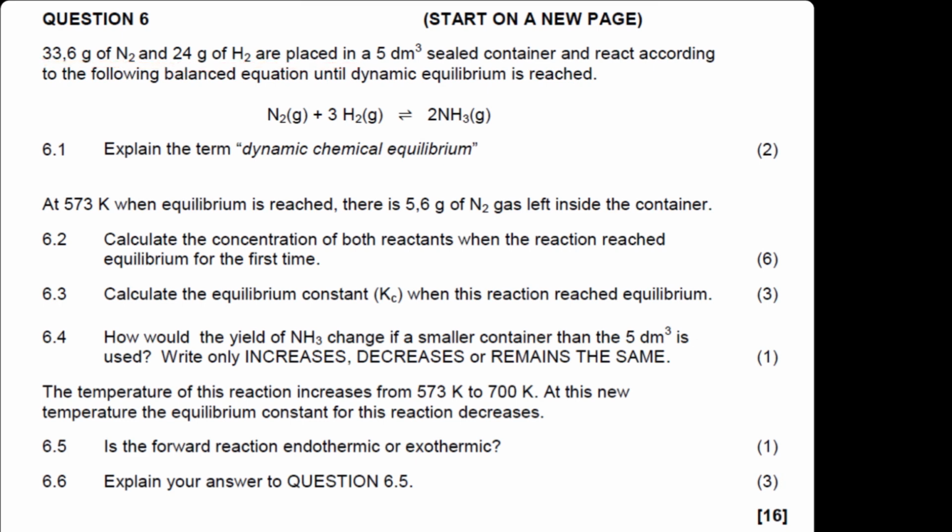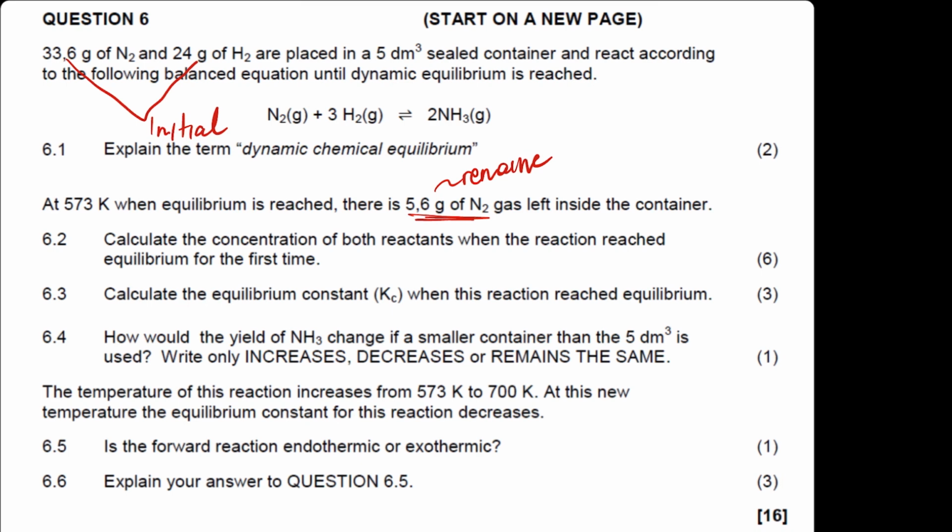Very important to take note of that. These are the amounts available in the reaction chamber. Now we are told this is what is left in the container. This is what remained. This is the amount at equilibrium, right?